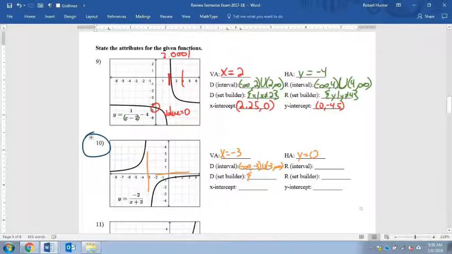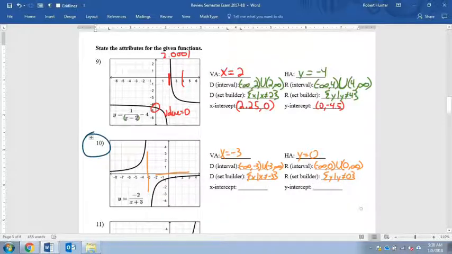And then x does not equal -3. Your range, same idea. Your interval notation is going to go from negative infinity to 0, everything below 0, and then union it with everything above 0, 0 to infinity. Set builder, it's going to be y such that y does not equal 0.